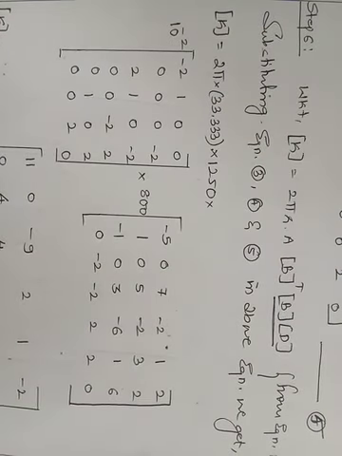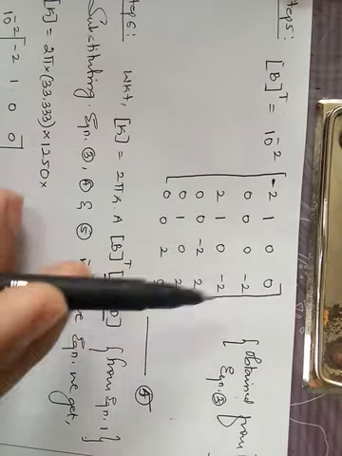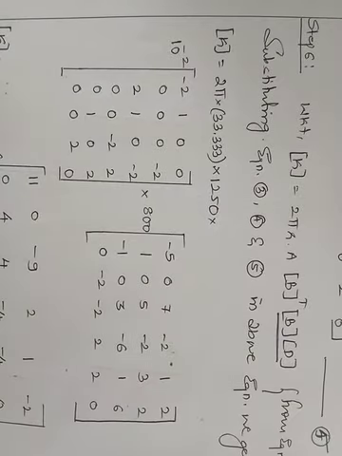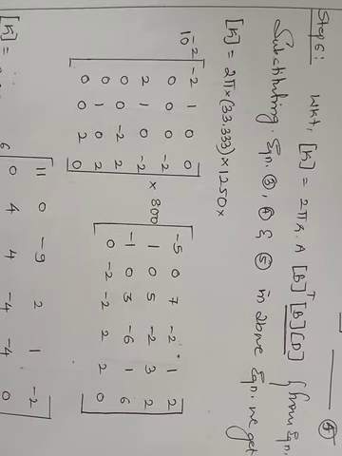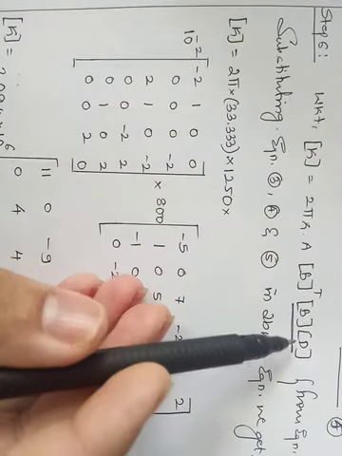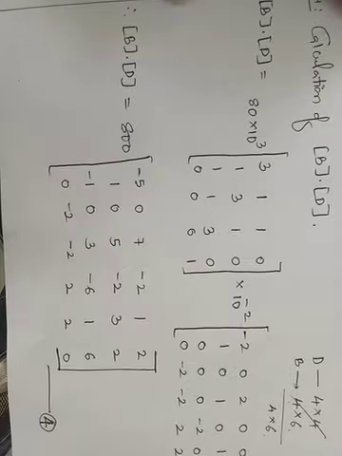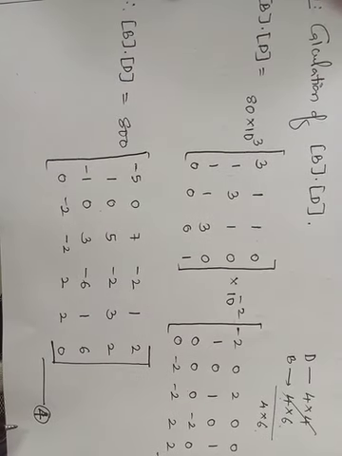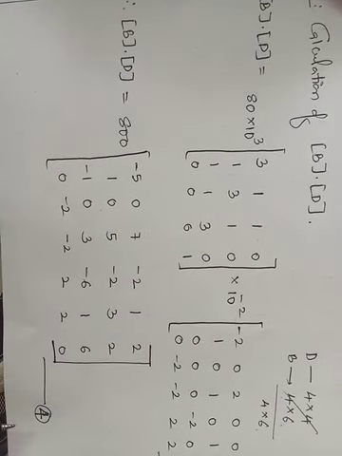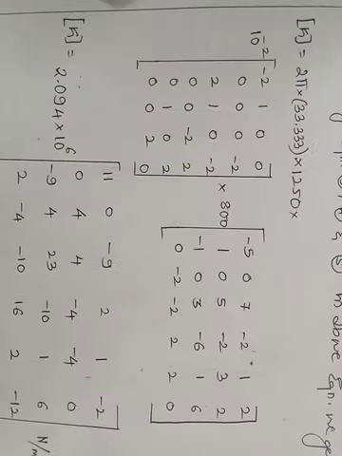B transpose is the same matrix that I have got here, 10 raised to minus 2 into this matrix. Next, multiplied by B into D. B into D I have calculated here. This is the B into D matrix, that is matrix 4, or equation 4. So I'll take it down directly in this step.